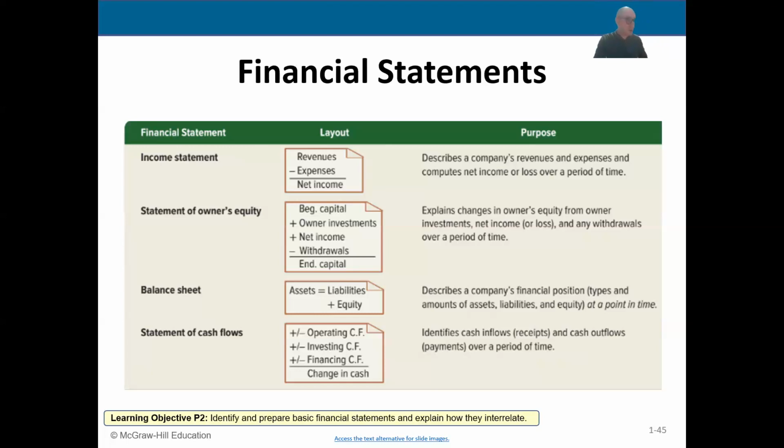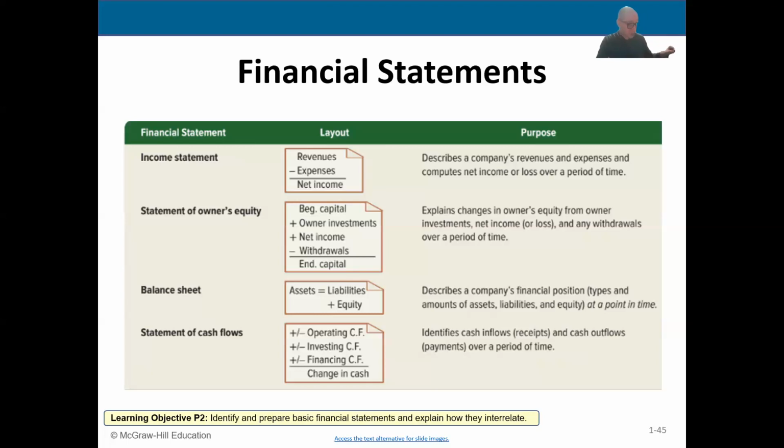Operating cash flows represents the day-to-day operations of the business using cash: cash coming in from our customers and out for all of our expenses. That's operating cash flow.